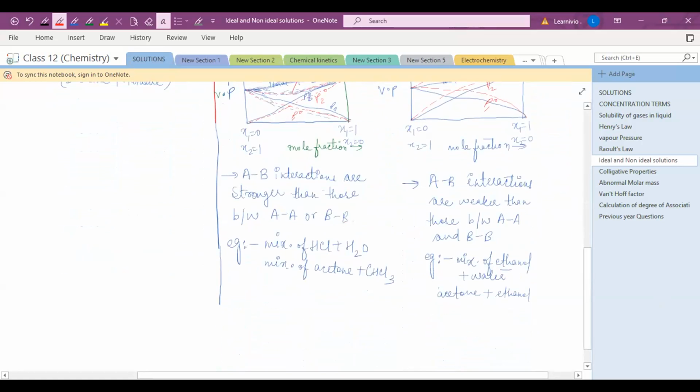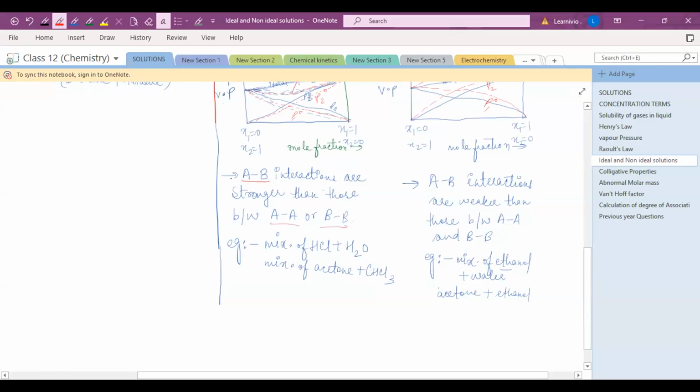Now let's talk about the interactions. In the case of negative deviation, the interactions between A and B components are stronger than those of AA and BB.